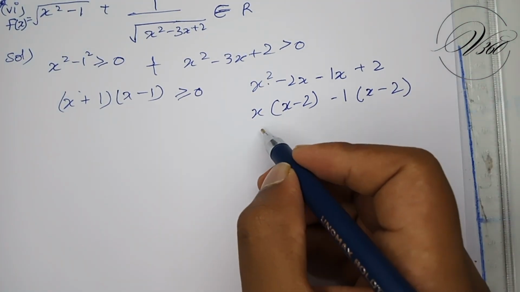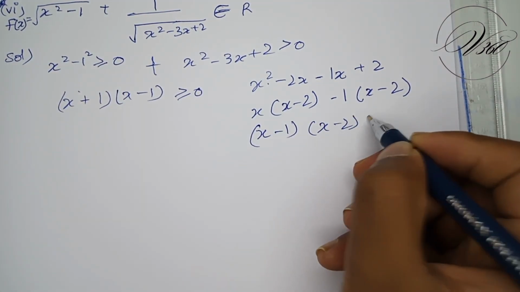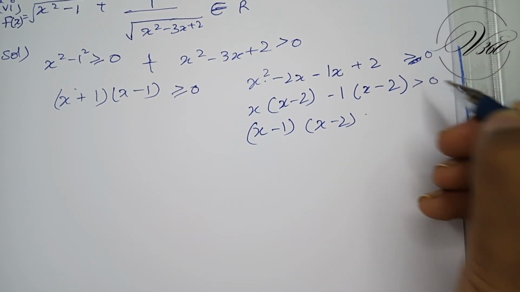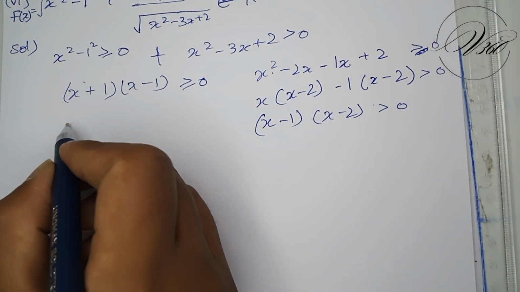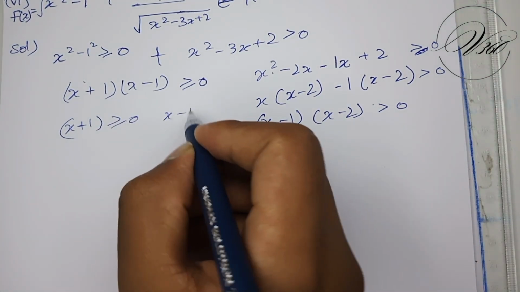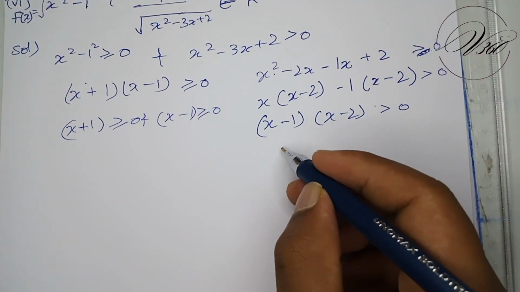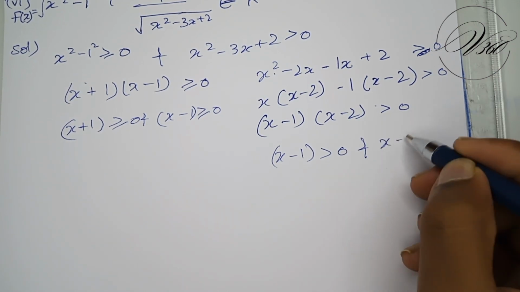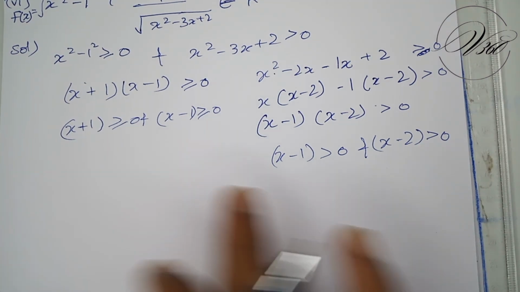Then we get x minus 1 of x minus 2. Here I will write only greater than 0, not equal to, only greater than 0, and here also only greater than 0. Now we get x plus 1 greater than or equal to 0 and x minus 1 greater than or equal to 0. Here also we get x minus 1 is greater than 0 and x minus 2 is greater than 0. Now we will get two types, this one and this one.